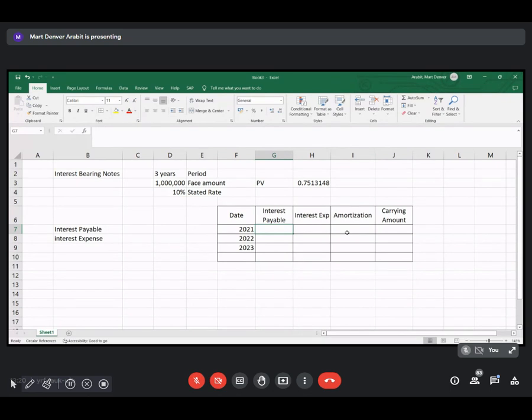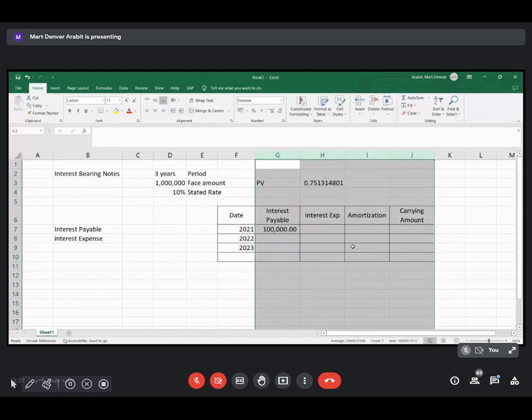So, again, interest payable is computed by multiplying the face amount by its stated rate. Meaning, our interest payable is 100,000. Okay.